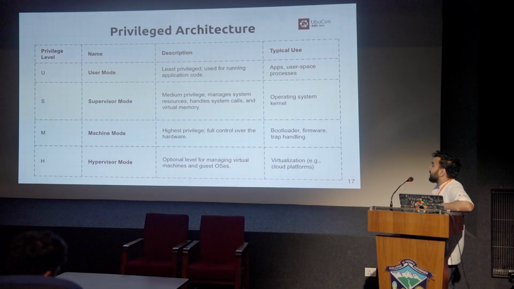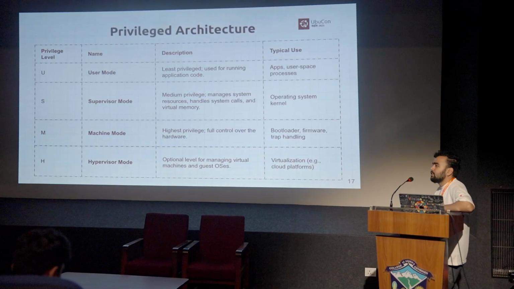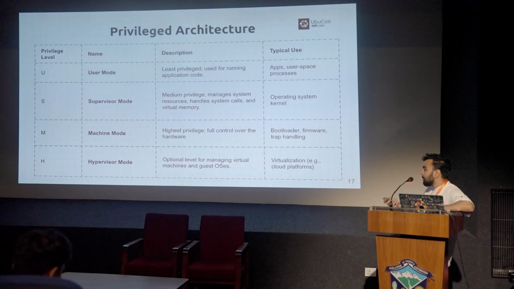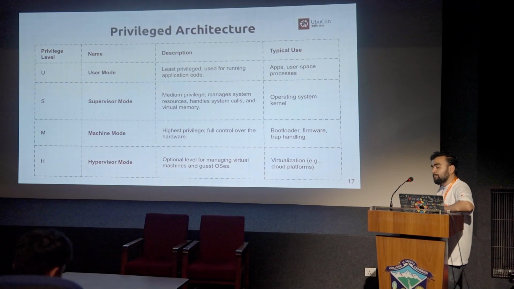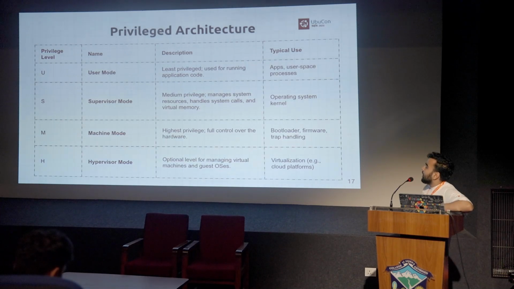So another feature we have is the privileged architecture. We have worked with RBAC or least privilege principles in the software world, in the system administration world. If we are DBAs, we work with it most of the time. But in case of ISA, we have these options in RISC-V.